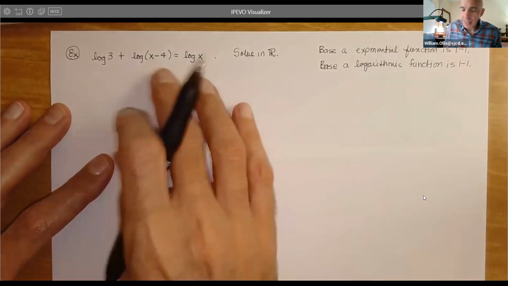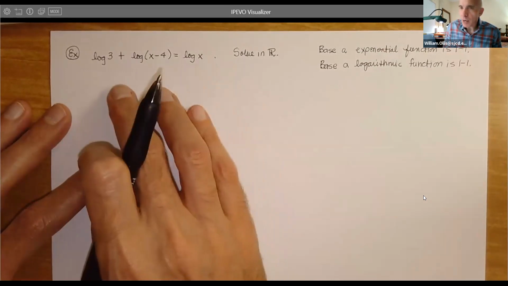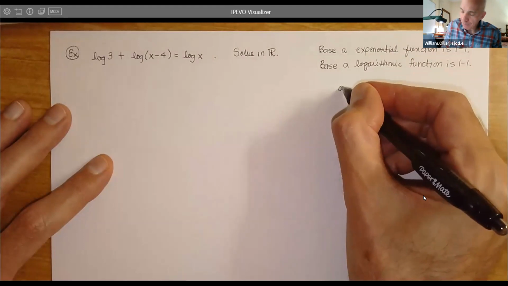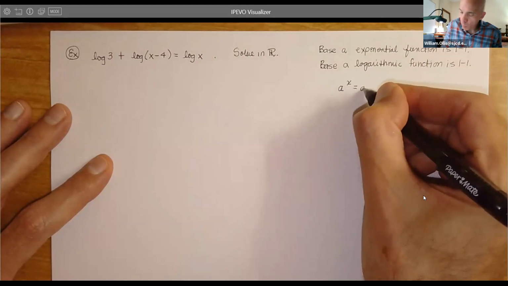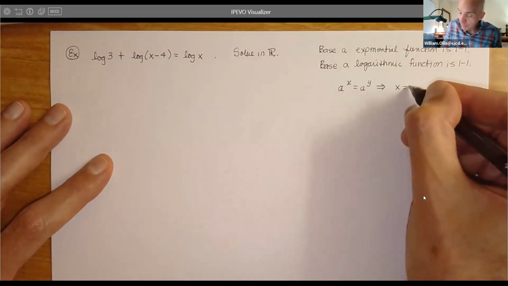So the idea here is that you're thinking, what if we end up with a logarithm equals a logarithm? That would say if we had something like a to the x equals a to the y, then this would imply that x equals y.